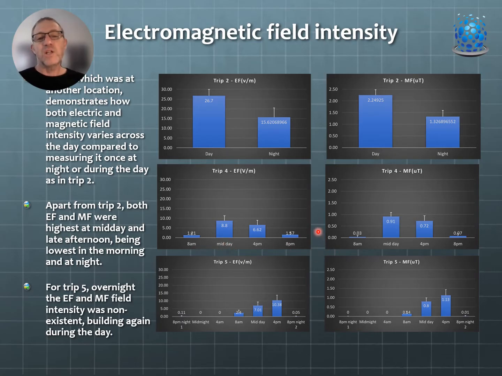Now, there is a correlation with orb and rod activity for that, and in our statistical modeling for journal publication, I will be demonstrating that graphically and statistically in the next coming year or two when we write up the journal papers. And then down here we did one where we went from 8 p.m. at night through the next day into the evening and night again, to show how overnight this field intensity drops off and builds up during the day. So I've talked about that quite extensively in presentations, so I won't do that now.